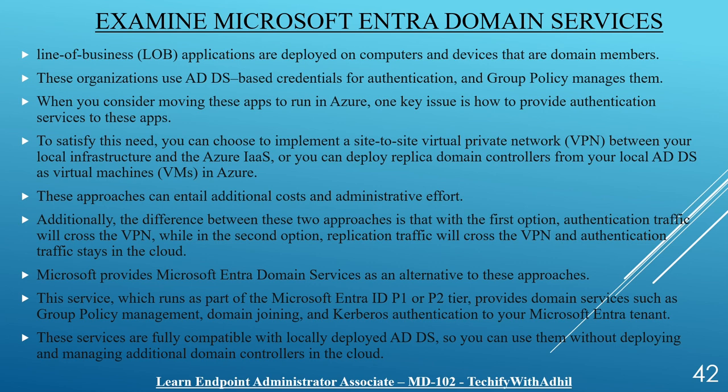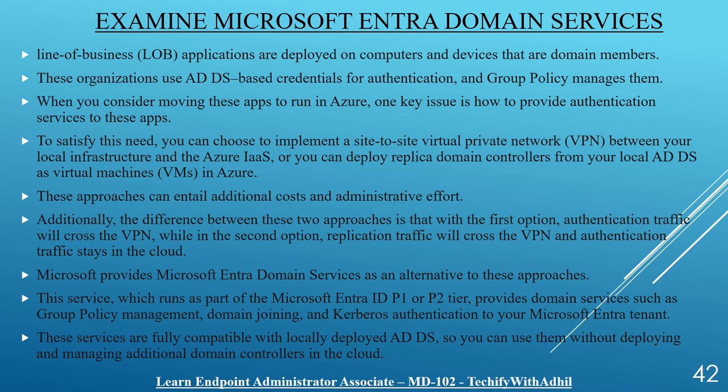So instead of having this crossover of your authentication traffic, Microsoft provides Microsoft Entra Domain Services as an alternative option. This service, which runs as a part of the Microsoft Entra ID P1 and P2 tier, provides domain services such as group policy, domain joining, and Kerberos authentication to your Microsoft Entra tenant.